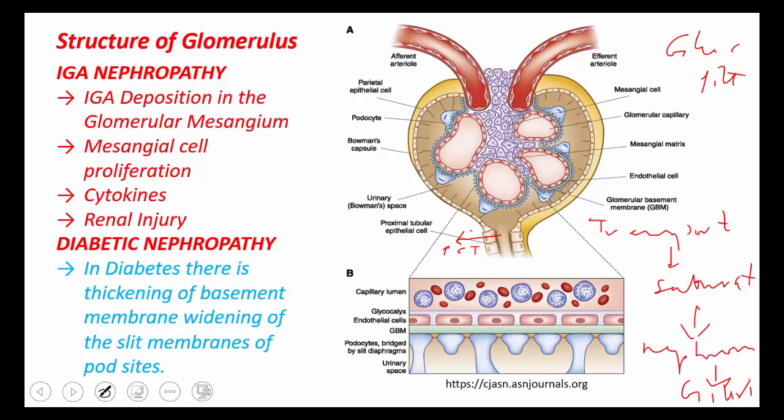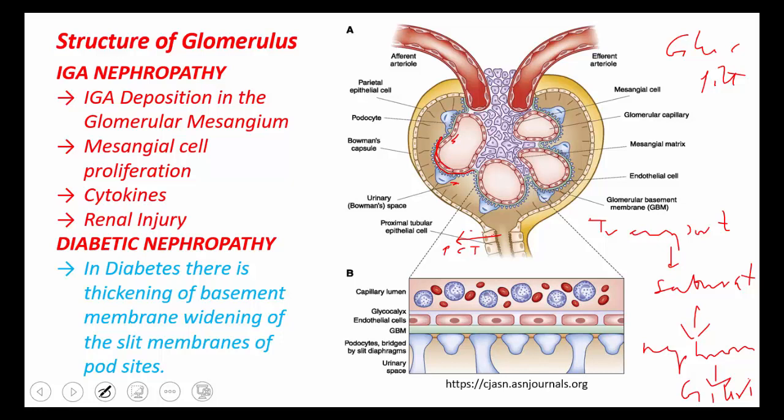So when the glucose levels are high and the threshold has been crossed and glucose starts to appear in urine, there are multiple changes in the glomerulus itself. There will be thickening of the basement membrane, that is between these endothelial cells and these podocytes.